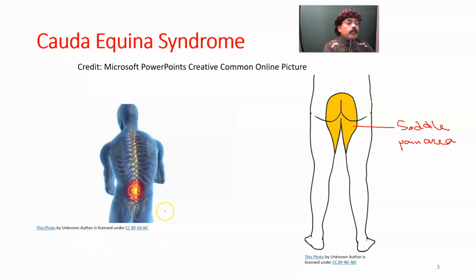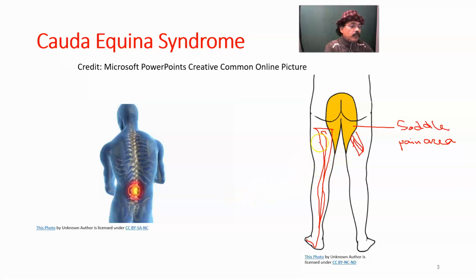This pain is not only confined here. It may go from here to the back, the entire back of the leg, and also the entire limb, anteriorly and posteriorly. The pain may be symmetric on both sides, or it may be asymmetric.